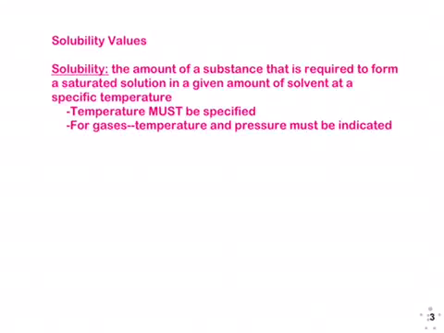All right, solubility values. Solubility is the amount of a substance that is required in order to form a saturated solution in a given amount of solvent at a specific temperature. Again, temperature is important. For gases, we have to look at the temperature as well as the pressure.